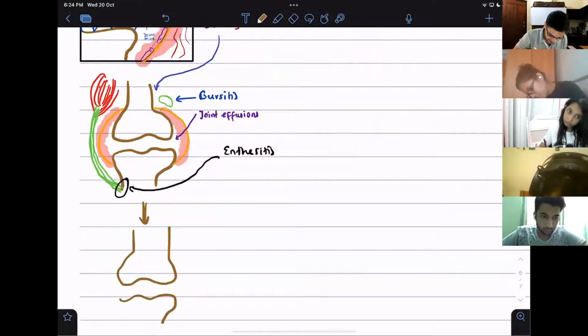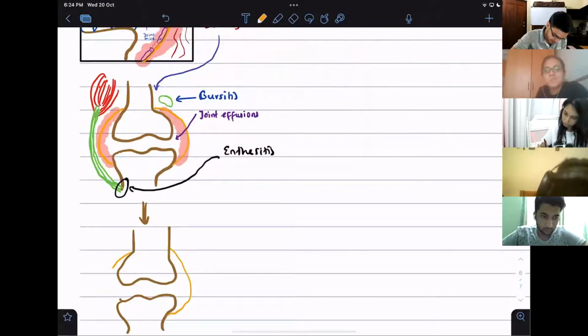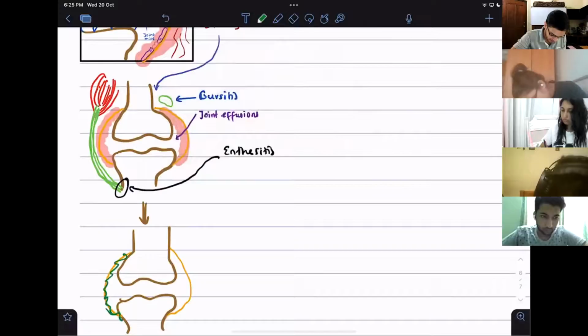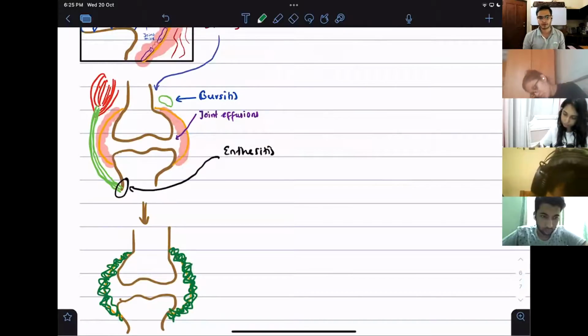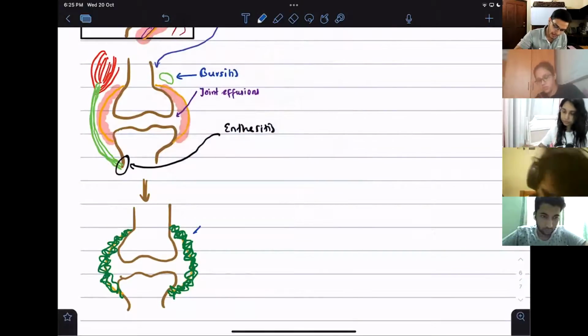When this inflammation heals, it will heal with fibrosis. So this previously nice structure of the synovium will now start looking very disorganized, because it's fibrous. This is called periarticular fibrosis.